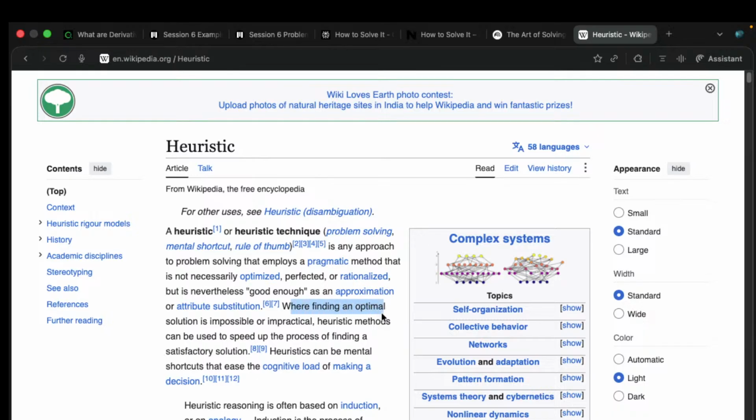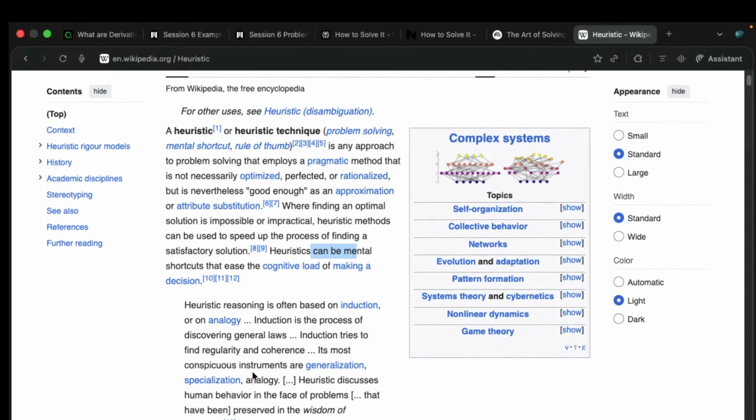Where finding an optimal solution is impossible or impractical, heuristic methods can be used to speed up the process of finding a satisfactory solution. Heuristics can be mental shortcuts that ease the cognitive load of making a decision. Okay, makes sense.